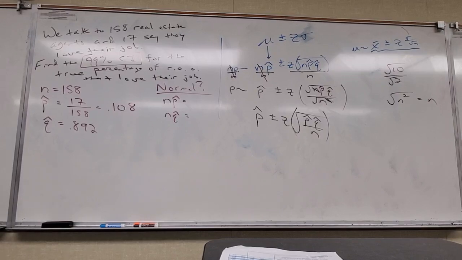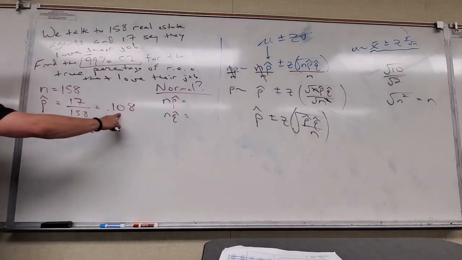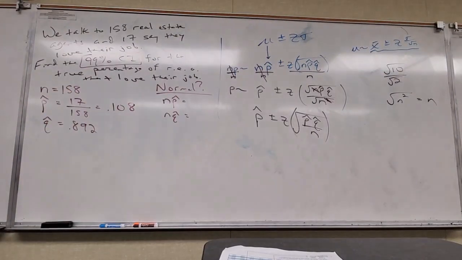Exactly. What's n again? 158. When I multiply p hat times n, don't I get 17? Or if you don't trust me, what is 0.108 times 158?